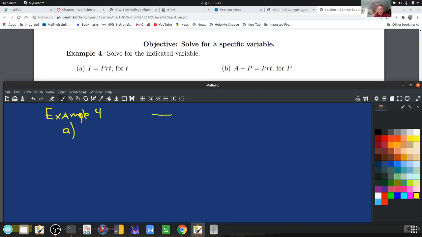So I have I, which stands for some real number, is equal to P times R times T. And it says solve for T. This means T is our unknown.